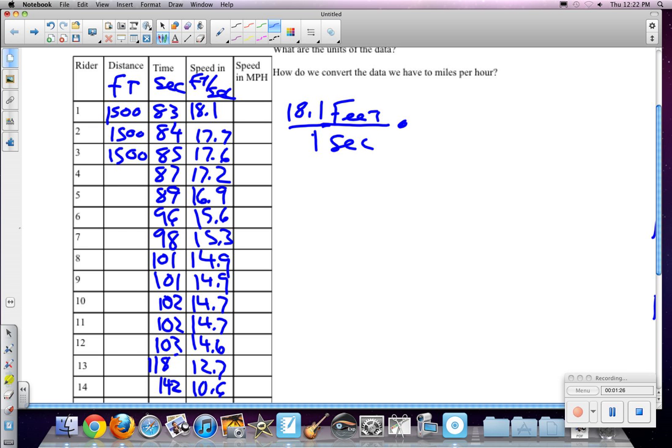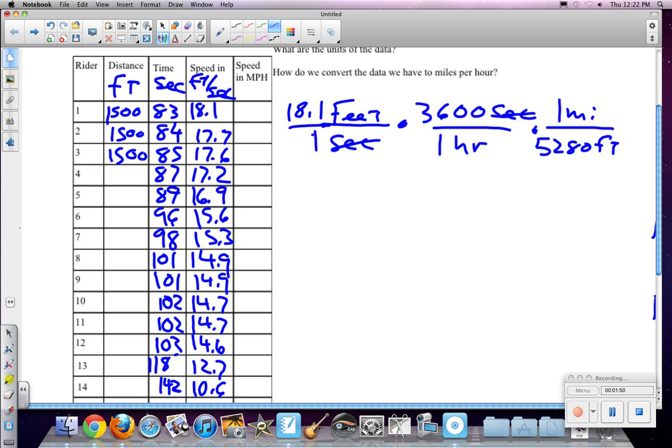Times it by 3,600, right, because there's 3,600 seconds in 1 hour, and that's going to convert our seconds over. And then we want to get rid of feet, so we're going to do 5,280 feet in 1 mile. So it's 65,160 divided by 5,280. So the first one would be 12.3 miles per hour.